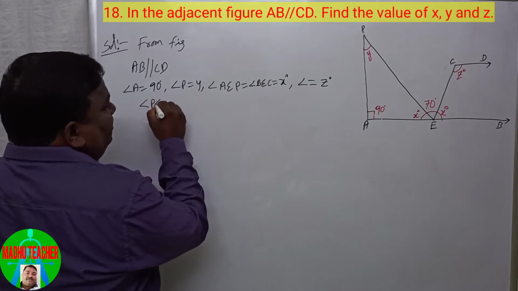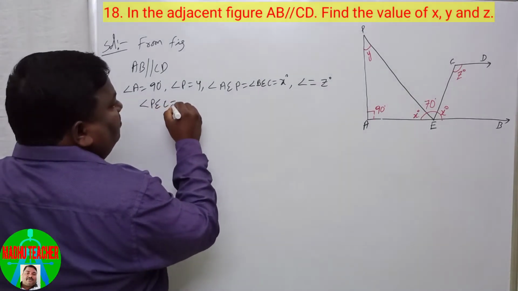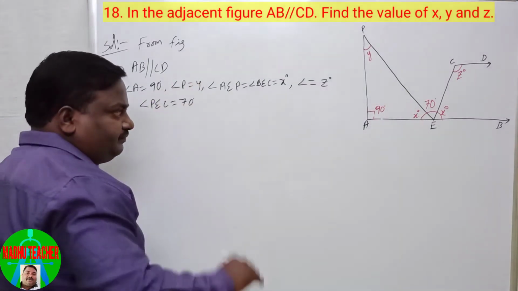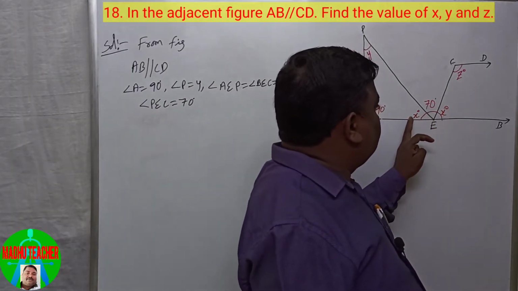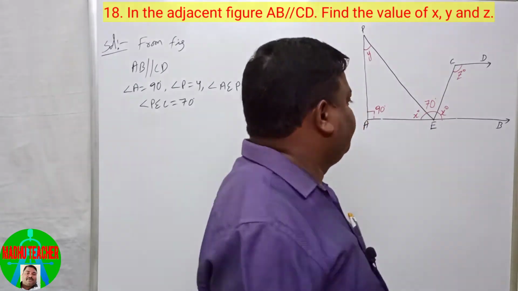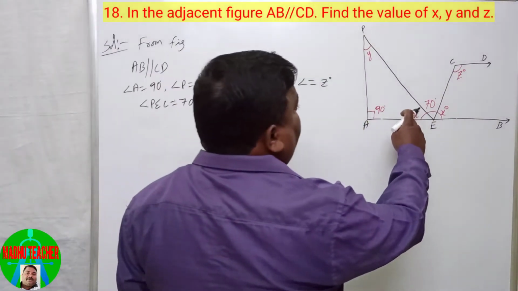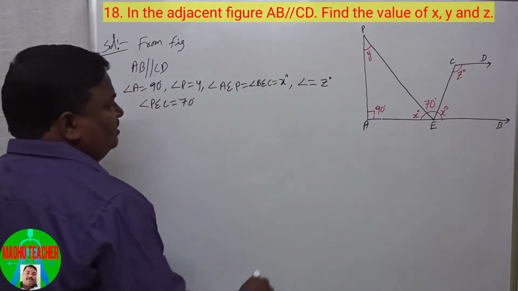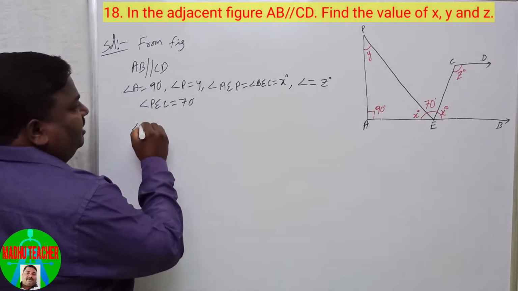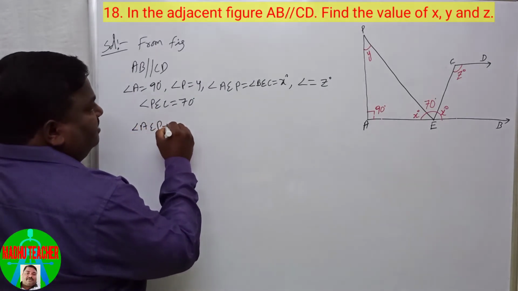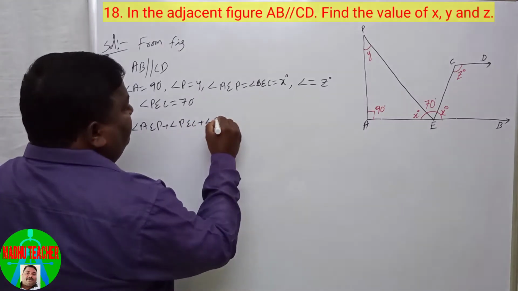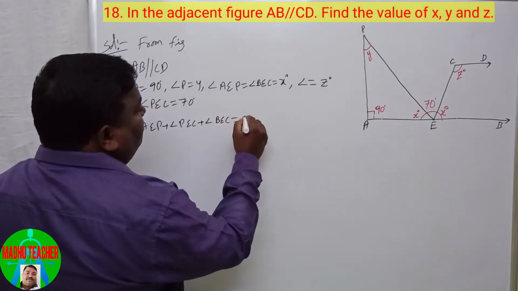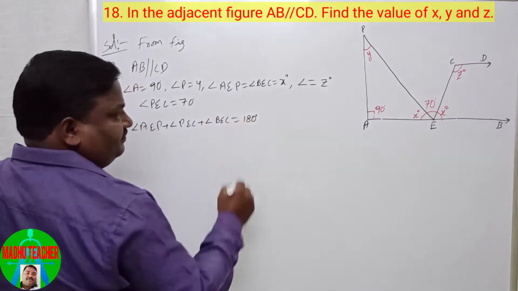Angle PEC equal to 70 degrees. These three angles are on a straight line, so the sum of these three angles is 180 degrees. That is angle AEP plus angle PEC plus angle BEC equal to 180 degrees.